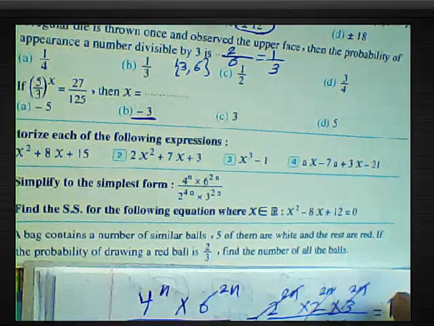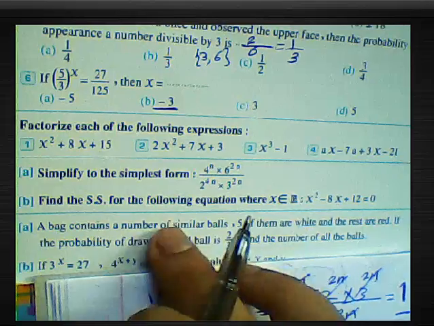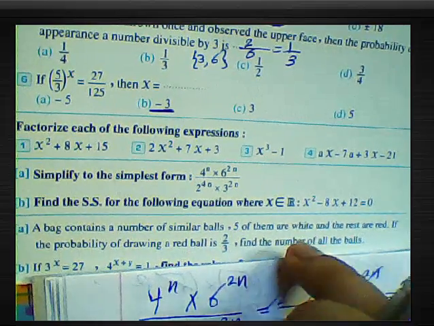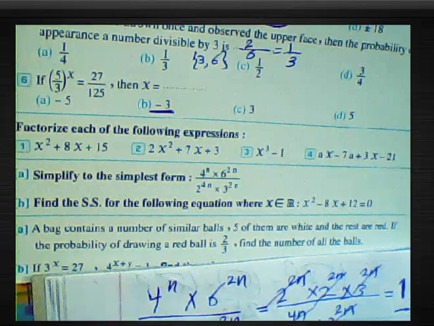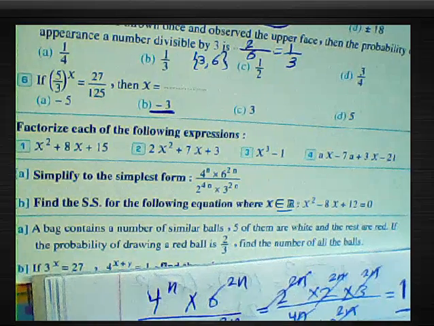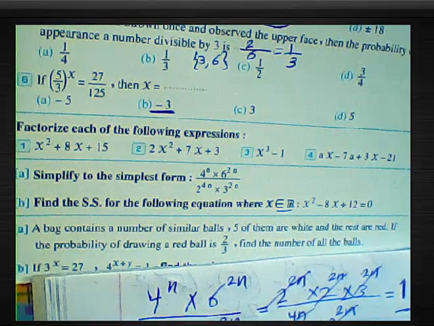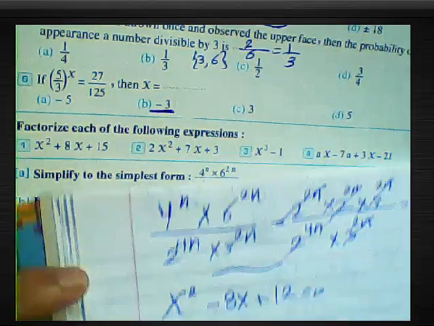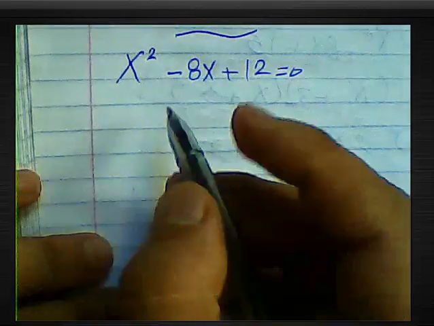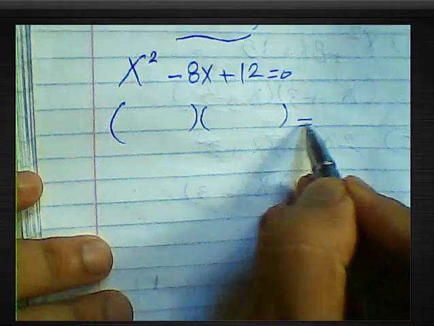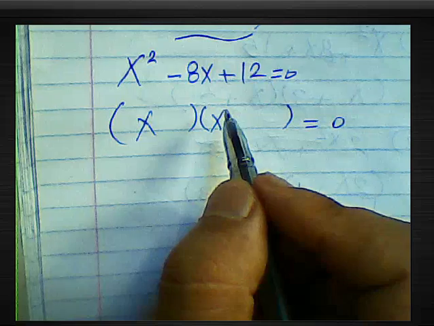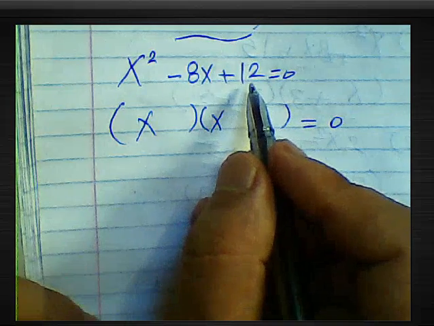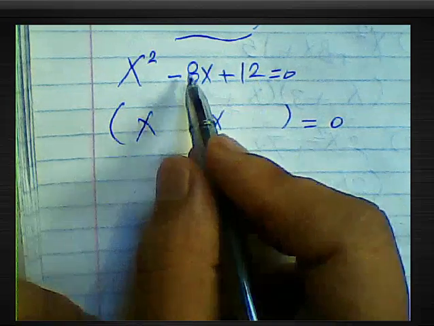And question B, find the solution set of the following equation. x power 2 subtract 8x plus 12 equals 0, in R. We can factorize this expression. Open two brackets here and write 0. x times x equals x power 2. We want to find two digits whose multiplication equals 12 and whose sum is 8.